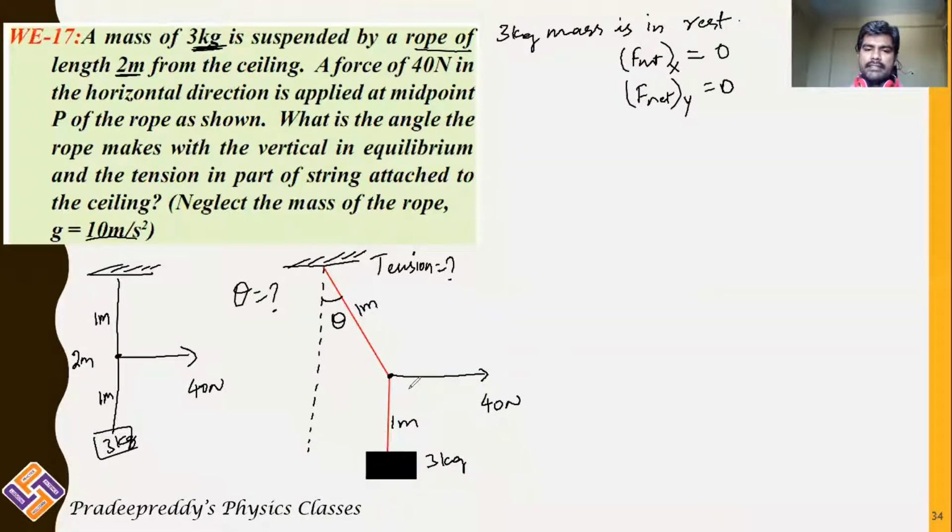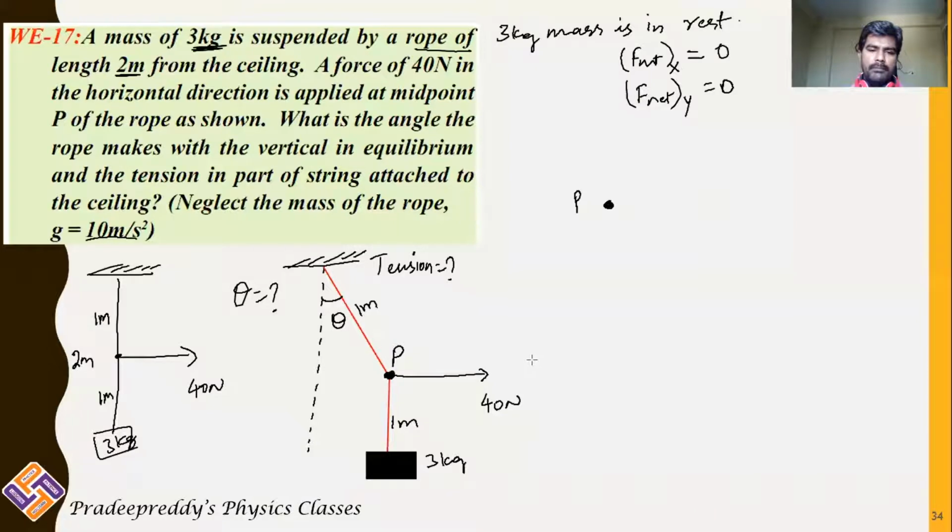Along the x-axis there will be the 40 Newton force, and there is the gravitational force acting in the downward direction, which is mg. Now I can take this point P and just draw those forces here. This is point P. What are the forces acting here? One is 40 Newton.